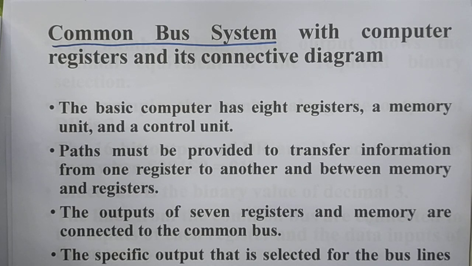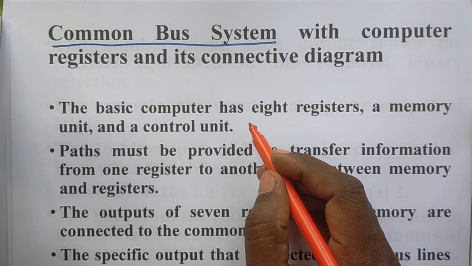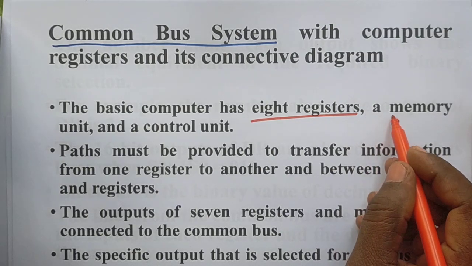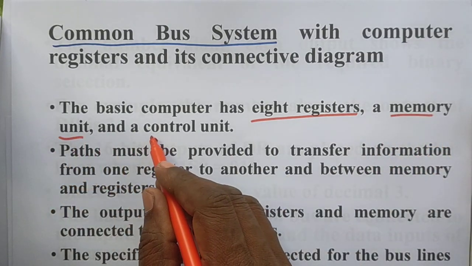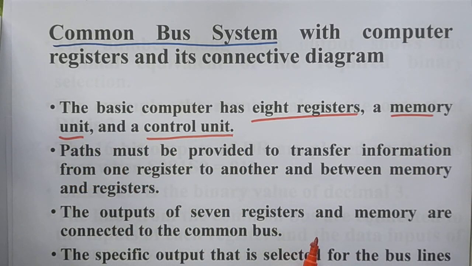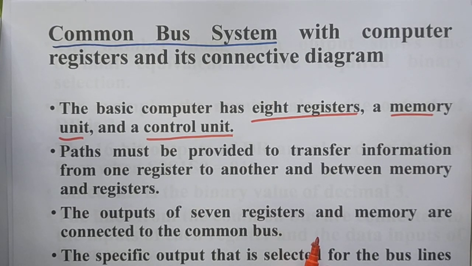In this particular bus system, I took 8 registers, a memory and a control unit. This category of components or units I consider to design a common bus, and paths must be provided to transfer information from one register to another register, between memory and registers.